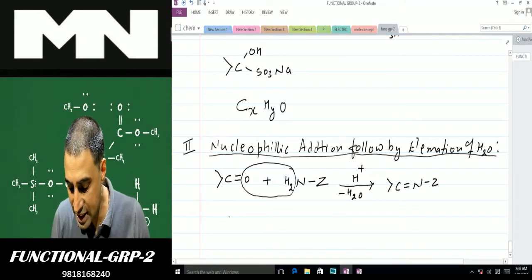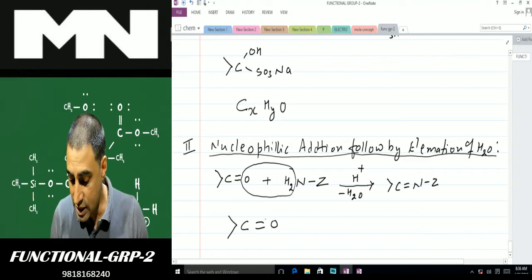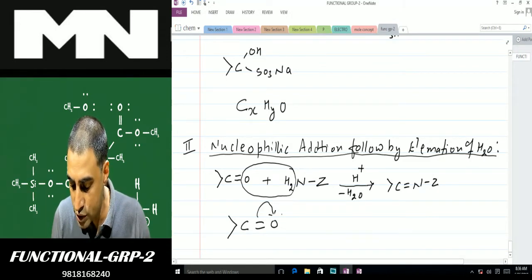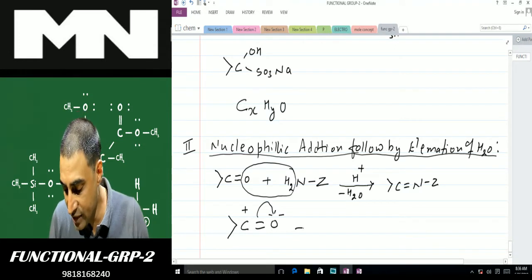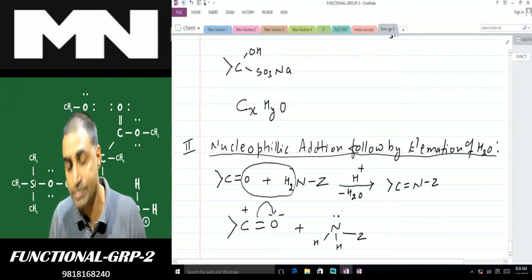Well, let us have a look at this. This is the carbonyl group I have got. The pi electrons will move toward oxygen, which will become negative, and carbon will acquire a positive charge. And here you have got Z, and it has a lone pair of electrons.